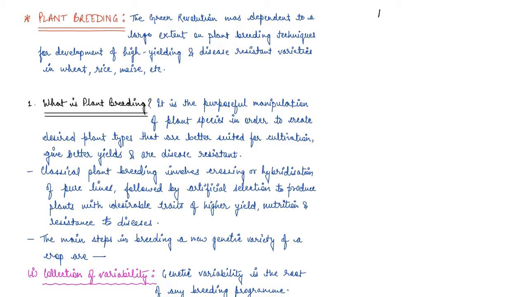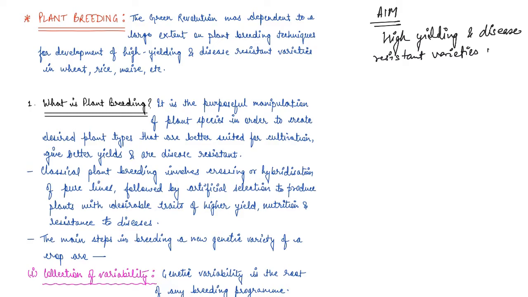The aim is high yielding and disease resistant varieties in various crops, right? So our aim remains the same as in animal breeding. We just need high yield, high quality of crops.